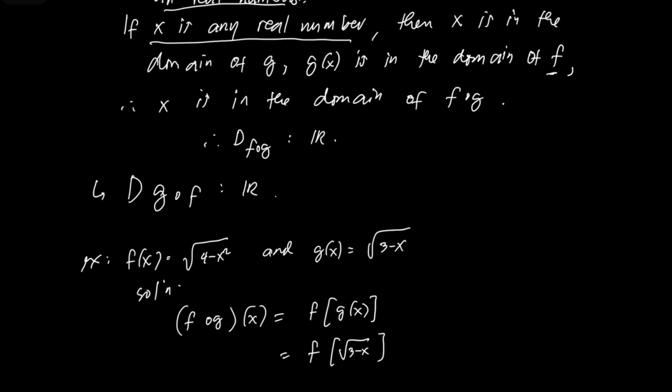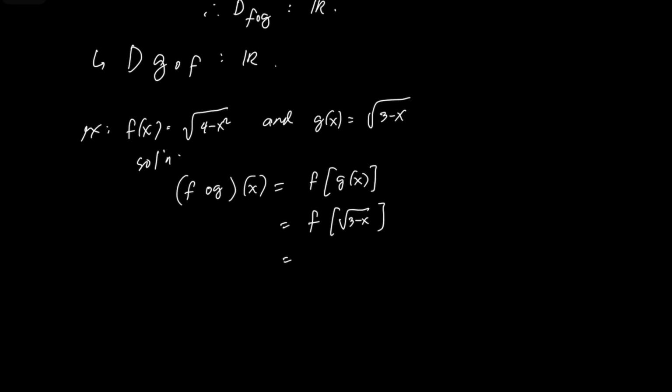Okay, what is g of x? Again, it's square root of 3 minus x. And what is f? That's square root of 4 minus x squared. So we substitute x with the square root of 3 minus x. So that is square root of 4 minus (square root of 3 minus x) squared.